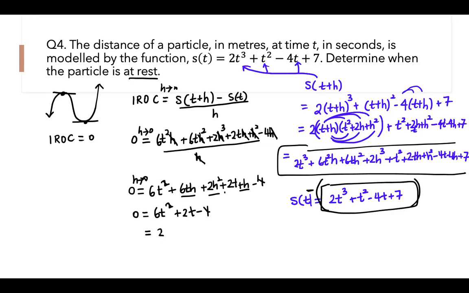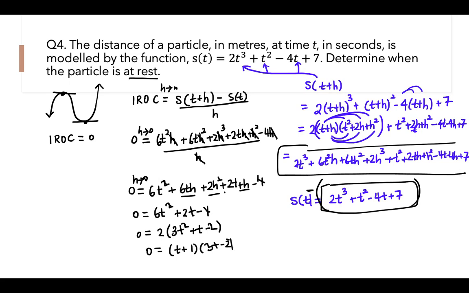So 2 bracket 3T squared plus T minus 2. And then you're going to do product and sum by factoring. So 0 is equal to (T plus 1)(3T minus 2).